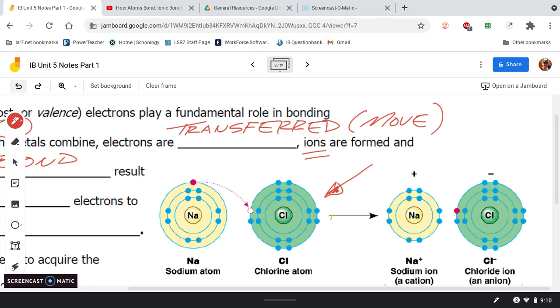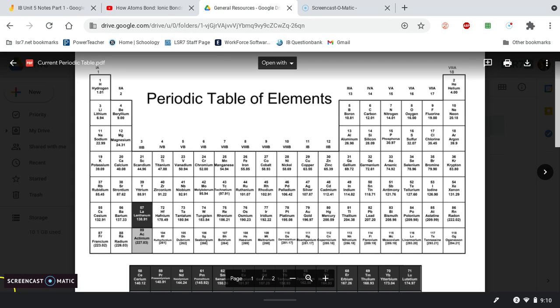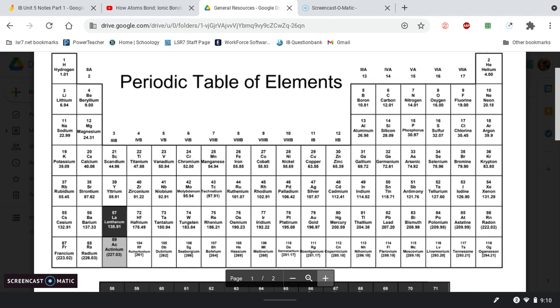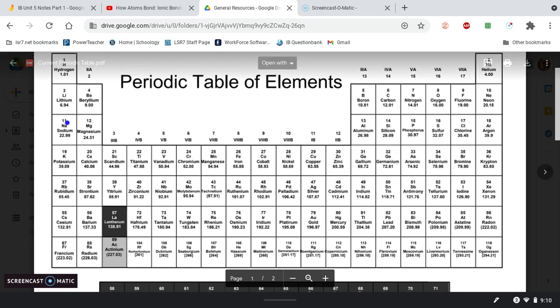If we look at a periodic table, we can figure that out. Let's look at where sodium is. Sodium is number 11, right here. The goal of every single element is to be a noble gas. What's the easiest path? Sodium can become neon at 10 or argon at 18.